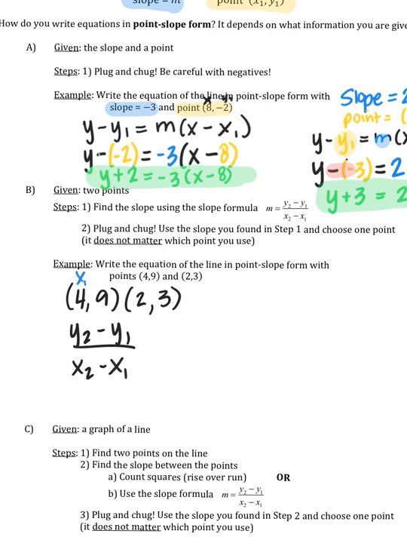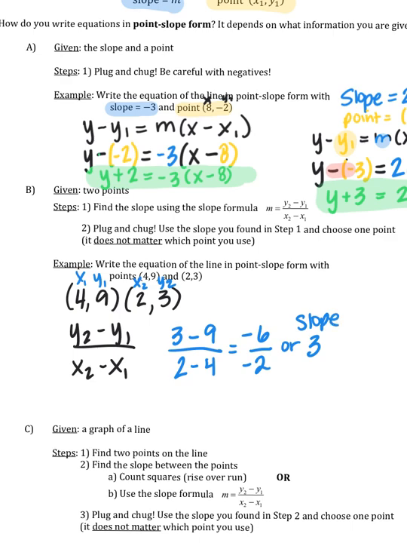Let's label x1 y1, x2 y2, and plug in 3 minus 9 over 2 minus 4, and we get -6 over -2, or we can reduce that. -6 divided by -2 is 3. So my slope here is 3.